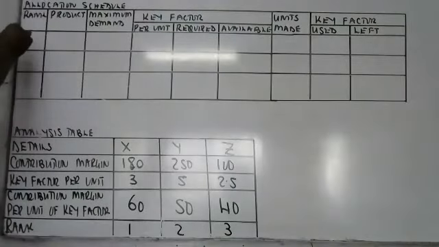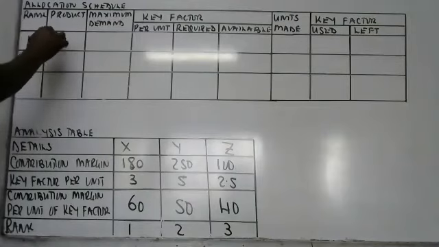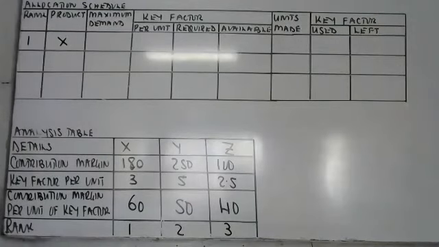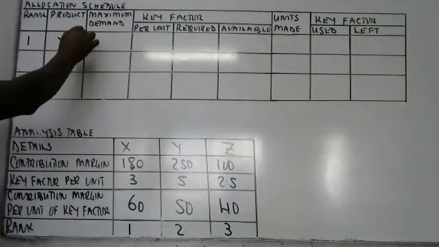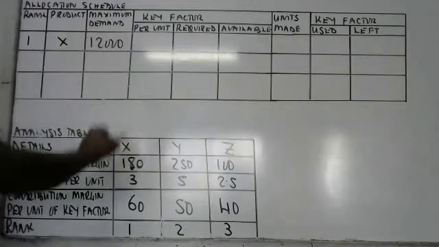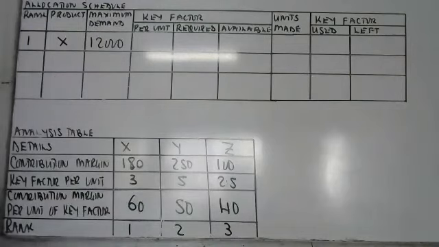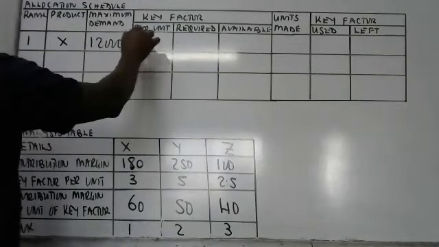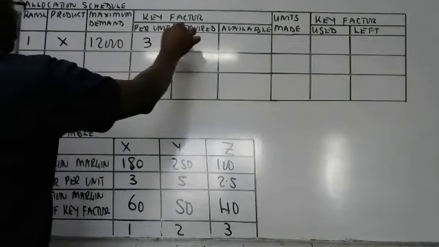Yes, profitability. So let's start with number one. Number one is X. And the maximum demand for X is 12,000. And the hours required are 3. So that is 36,000.